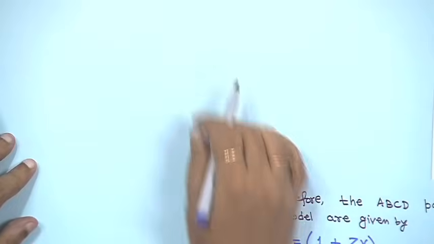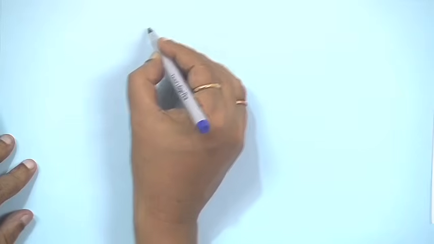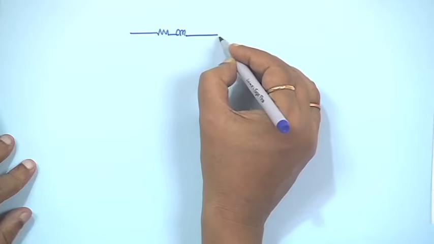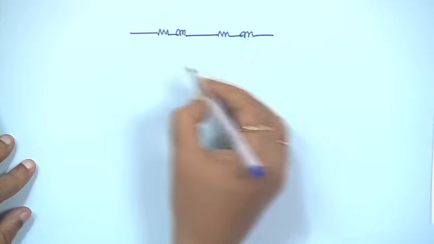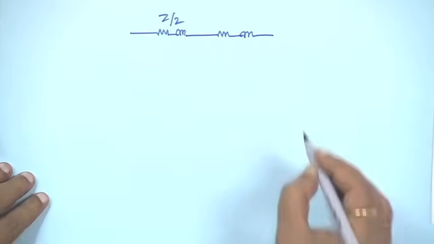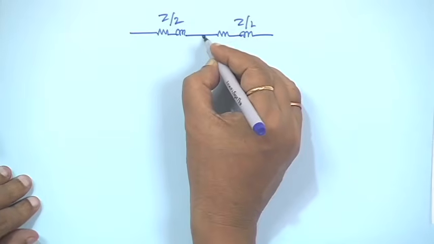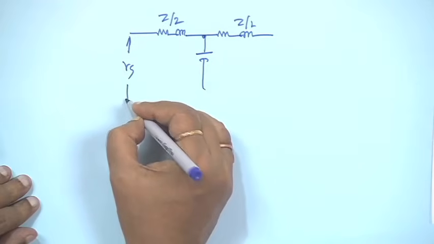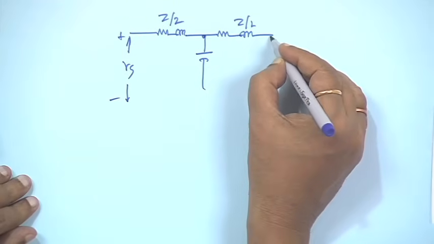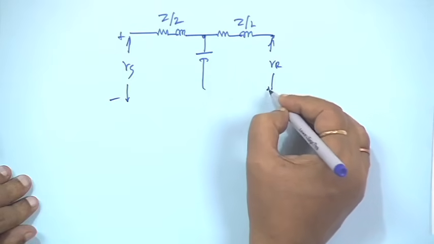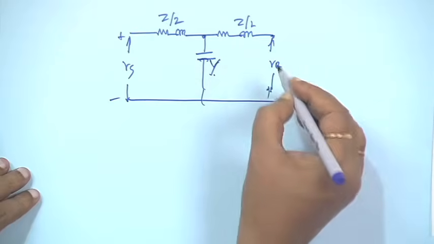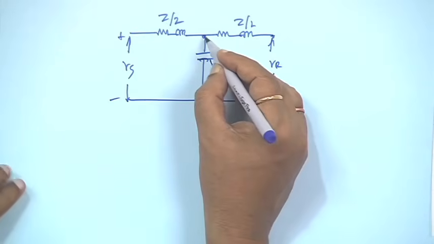Suppose you have a transmission line, and this side is Z by 2 and this side is Z by 2, and you put Y here, and this side is your Vs, plus minus. The load is of course there, but we are not showing it.